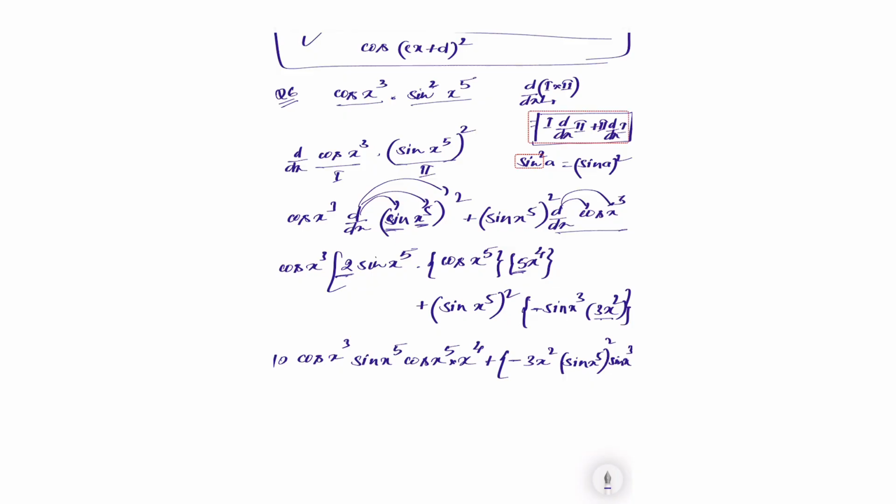At last it will become 10 x power 4 cos x cube sine x power 5 cos x power 5 minus 3x square sine square x power 5 and sine x cube.